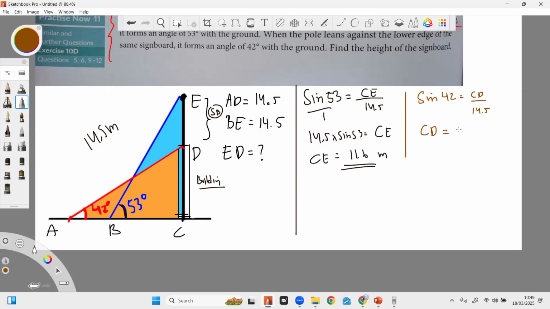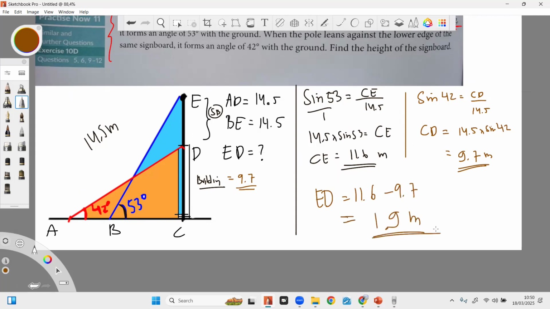What is the answer? 9.7 meter. Okay, good. That's for the building, and CE is for the building and the signboard. So the height of the signboard, which is ED, you just subtract: 11.6 minus 9.7, 1.9 meter length. For the signboard, about 2 meter.